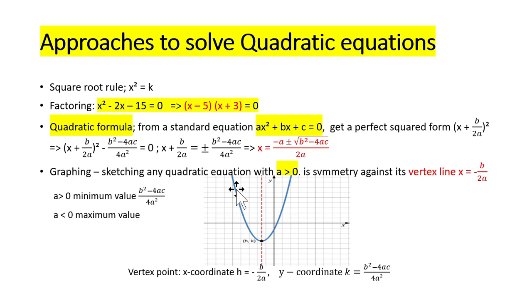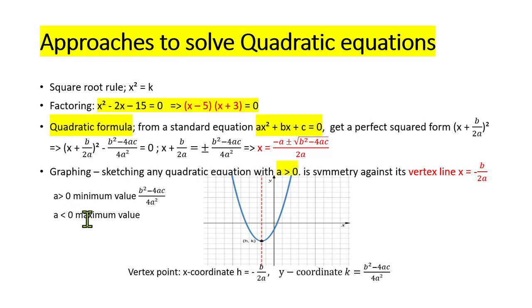Then the shape of the curve of the quadratic equation opens up like this, and this vertex point should be a minimum point when a is positive.